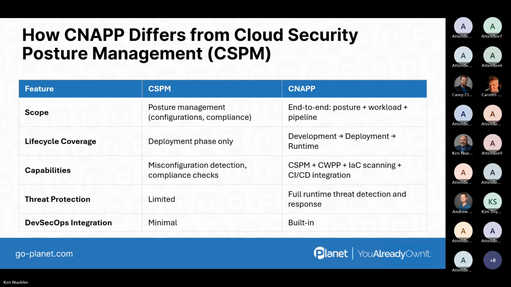All right. So CNAPP and Cloud Posture Management compared, side by side. The scope is, of course, important. What CNAPP is trying to encapsulate is the full existence of your environment from cradle to grave.